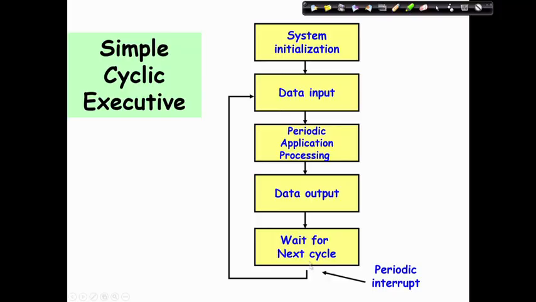And then based on that we possibly want to show the current temperature reading on a display. So, that is the data output, and then we wait for the next interrupt, and the cyclic executive continues looping here infinitely, each time waiting for the interrupt, doing some simple processing. So, this is the simplest real time operating system run on the most elementary embedded systems.